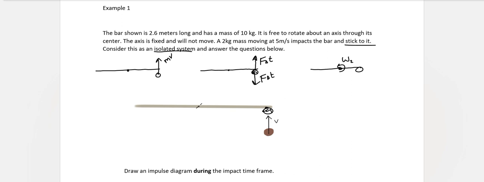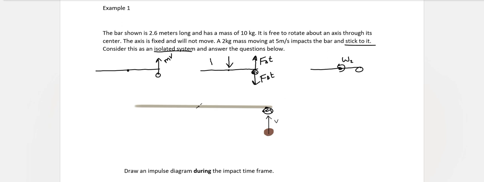But a very important thing to realize about this problem is there is another external impulse acting on the system during the impact. Think about the contact point. The beam is contacted here by a pin. During the impact, there's going to be an impulse this way.